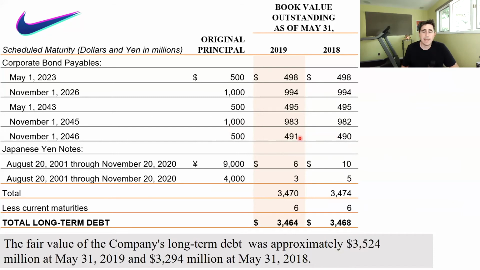Now, if this bond was issued at a premium, its book value would have been greater than face value. So the book value would be working its way down towards face value. If this bond were issued at par, this book value has nowhere to go. It's staying consistently at face value.